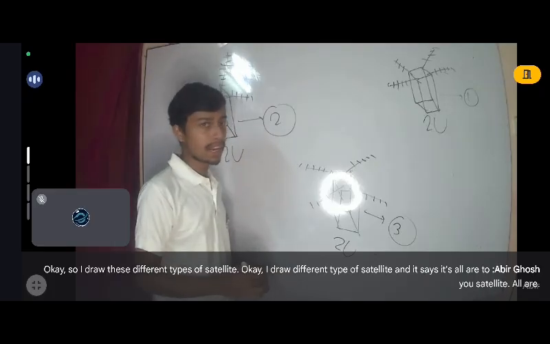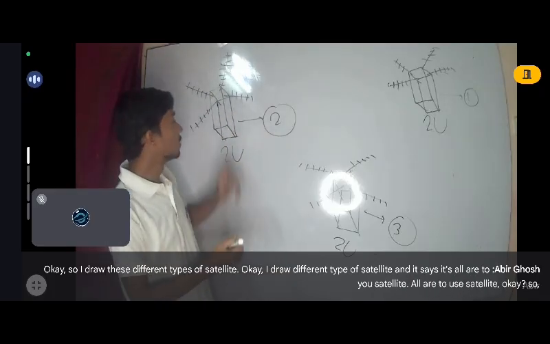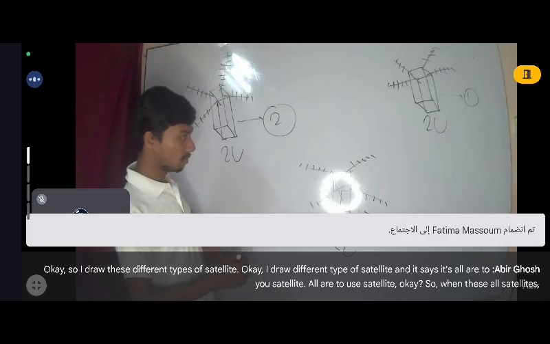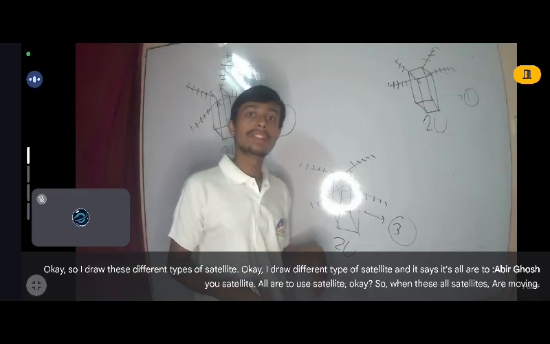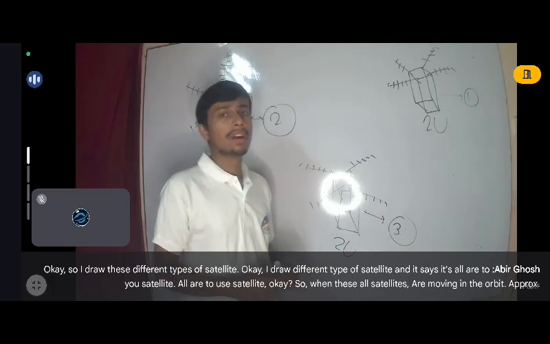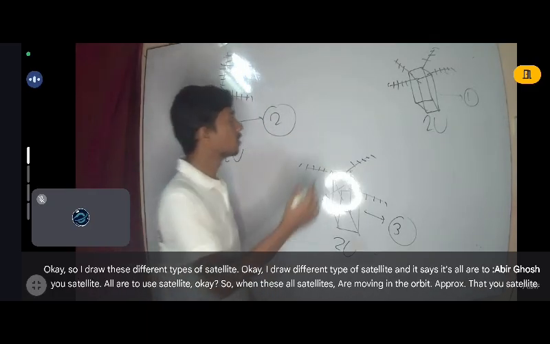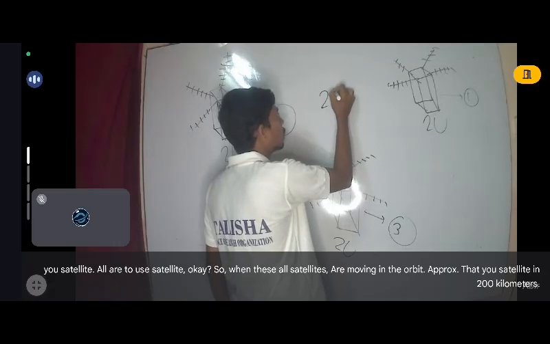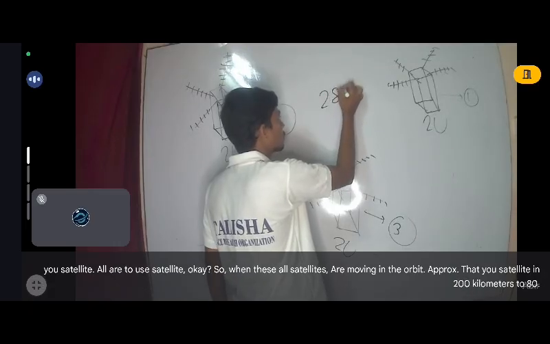When all these satellites are moving in orbit, the 2U satellite moves at approximately 280 kilometers.